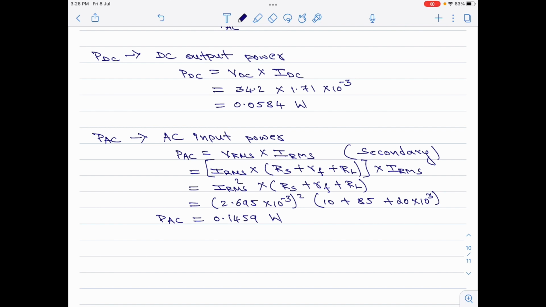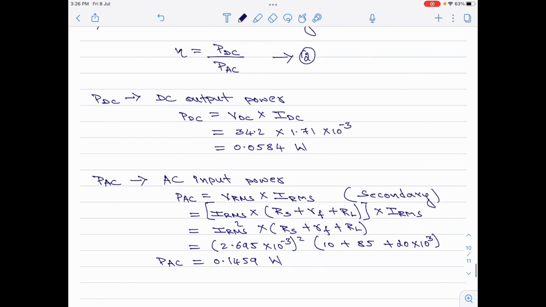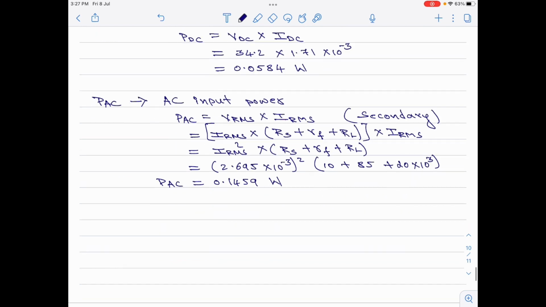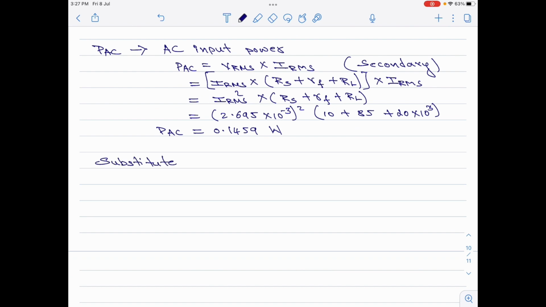Now, having computed both PDC and PAC, let us substitute these values back into equation 2 to find the rectification efficiency. So, rectification efficiency eta equals PDC divided by PAC.